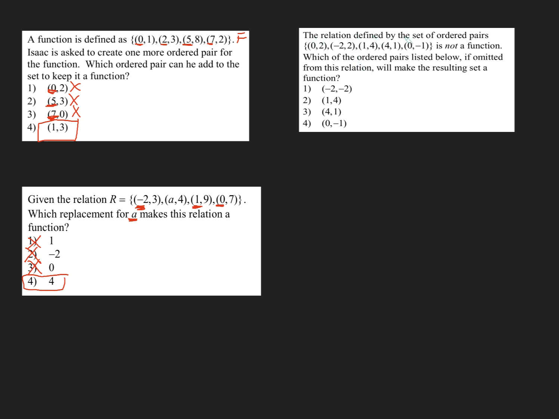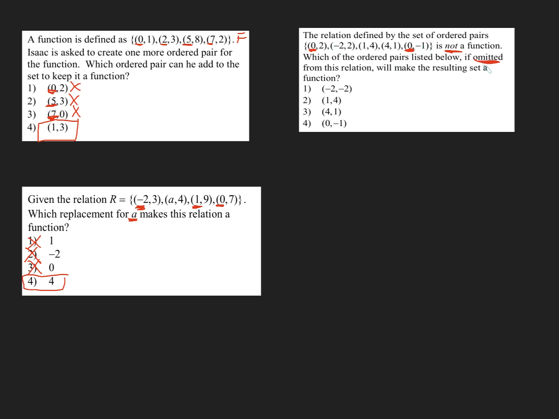Last question. The relation defined by the set of ordered pairs (0, 2), (-2, 2), (1, 4), (4, 1), and (0, -1) is not a function. So again, this is not a function because the 0 appears twice. Which of the ordered pairs listed below, if omitted, so omitted means to take out, will make this resultant set a function?